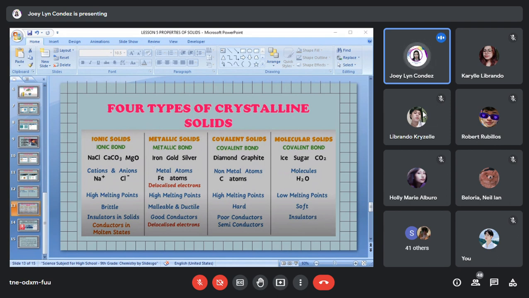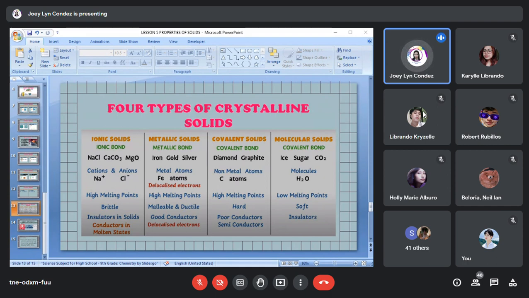So it's a molecule. It's made up of H2O molecules. Then sugar also is an example of molecular solid, made up of different atoms.